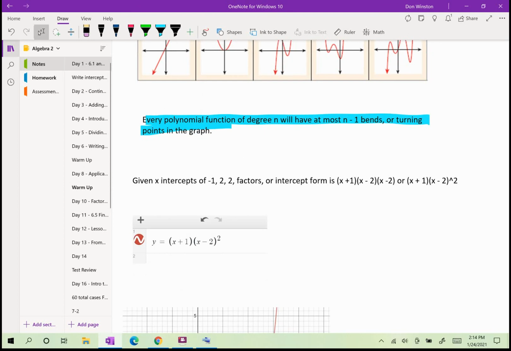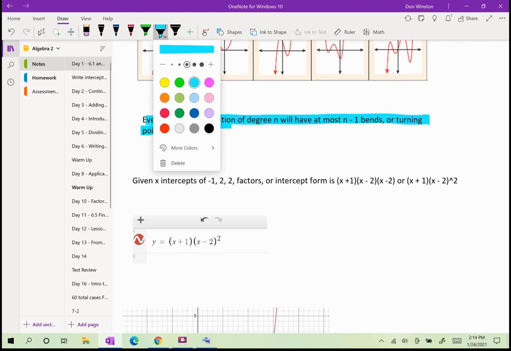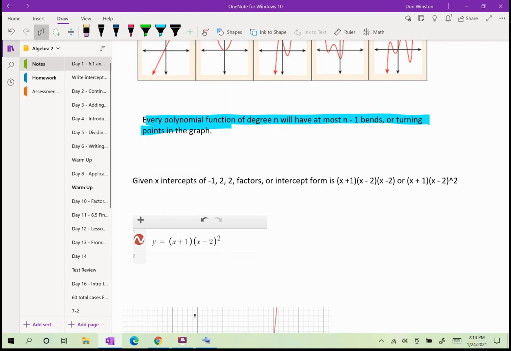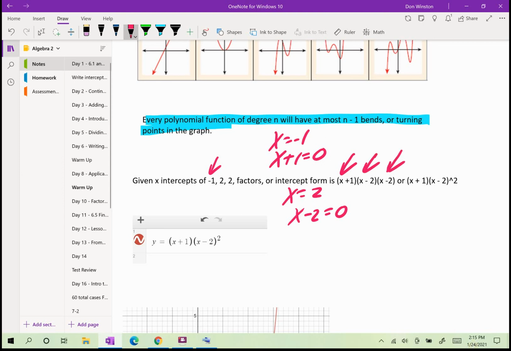Let's say we have the x-intercepts or zeros of negative 1, 2, and 2. I can write a polynomial in intercept form or factored form. If my zero was x equal to negative 1, I have to add 1 to both sides, so my factor would have been x plus 1. If my zero was x equal to 2, my factor would have been x minus 2. And again, if my zero was x equal to 2, my factor would have been x minus 2.